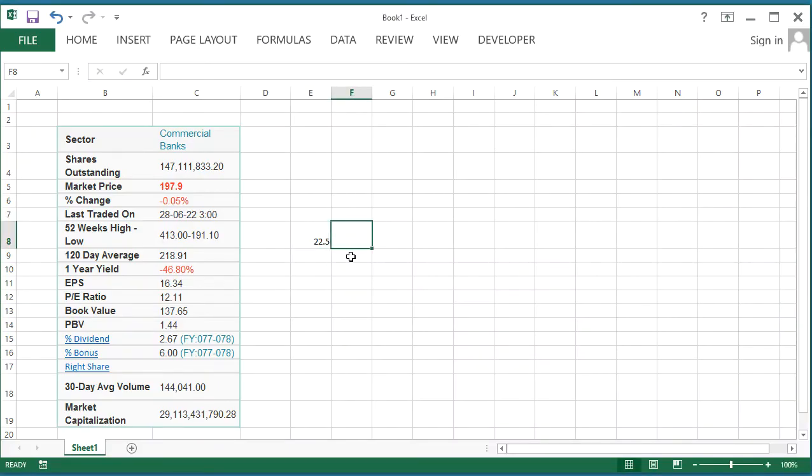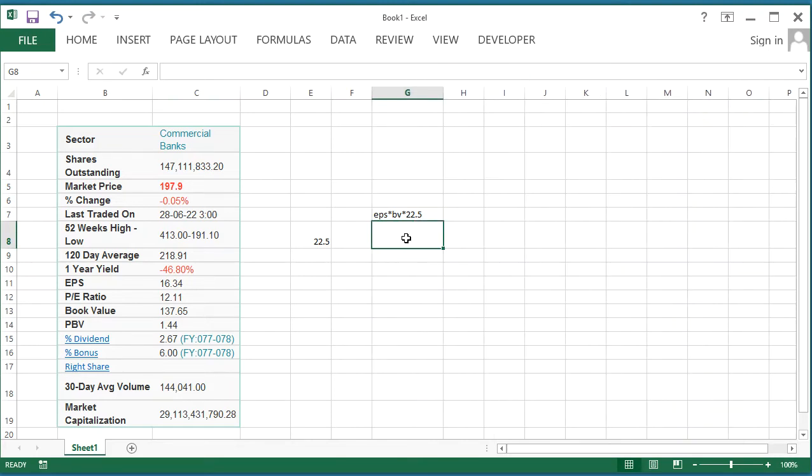Over here I'm going to calculate EPS times book value, I'll write BV only, and then 22.5. So this is how I get this number.